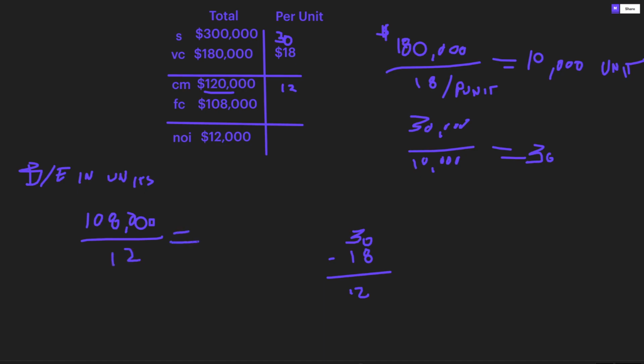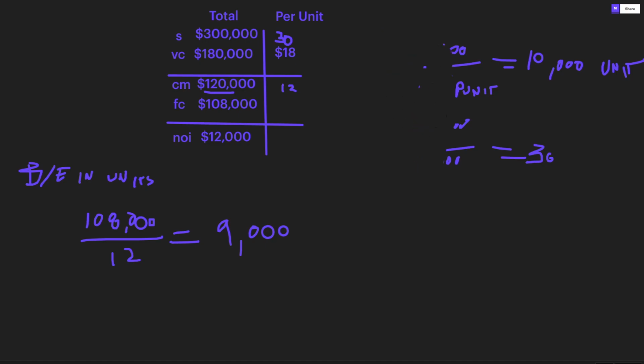And what you get is 9,000. So in order for us to have zero net operating income, we would have to sell 9,000 units. So basically, in order to not have a loss, we're going to need to sell 9,000 units, or obviously more. But if we want to exactly not make any profit and not take any loss, then we'll have to sell exactly 9,000 units.